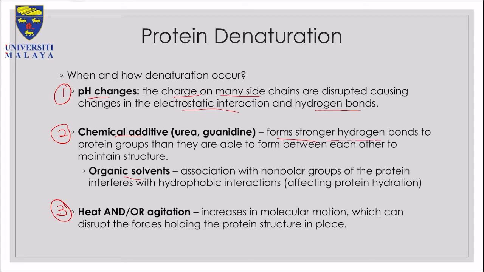Thus, it might form a strong hydrogen bond with the protein groups and therefore denature or destructure the whole three-dimensional structure of a protein. Okay. Additionally, heat or agitation. This is an example of how if you're boiling an egg, it increases molecular motion by which it disturbs or destroys the forces holding the protein structure in place. So if you boil an egg, you destroy the structure, therefore it becomes white.